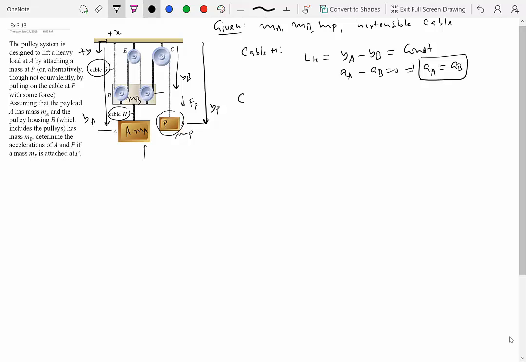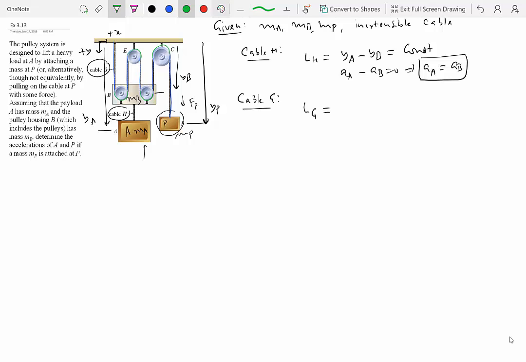What about the other cable G? So for cable G, let's say the length is L sub G, and that would be equal to, okay, I need to show this to you. So we have YB plus another YB, 3YB, 4YB, and then we have YP, right? And all these lengths over here, which wrap around the cable, around the pulleys, are constant, so they are not important.